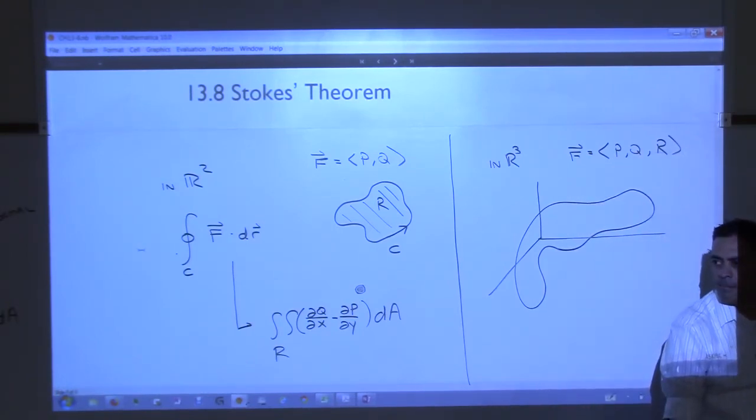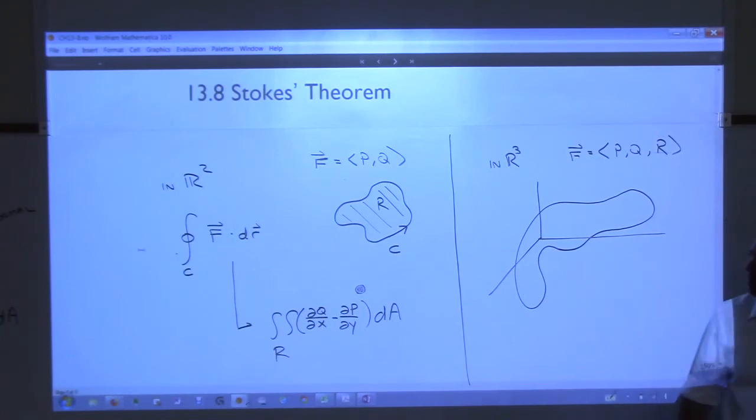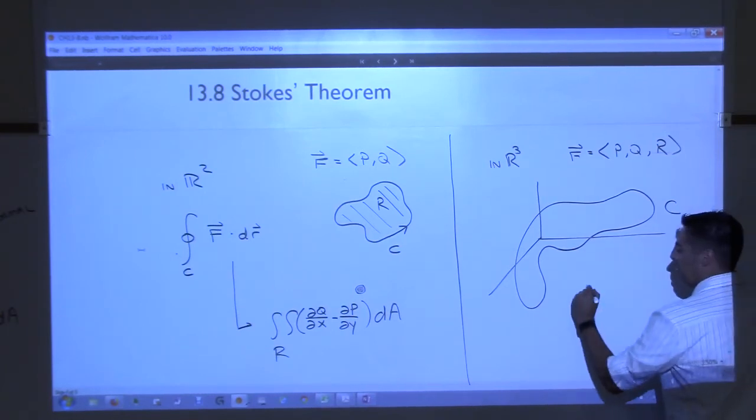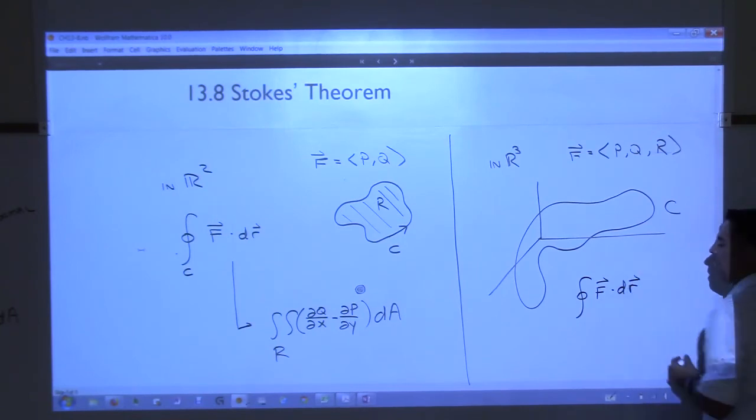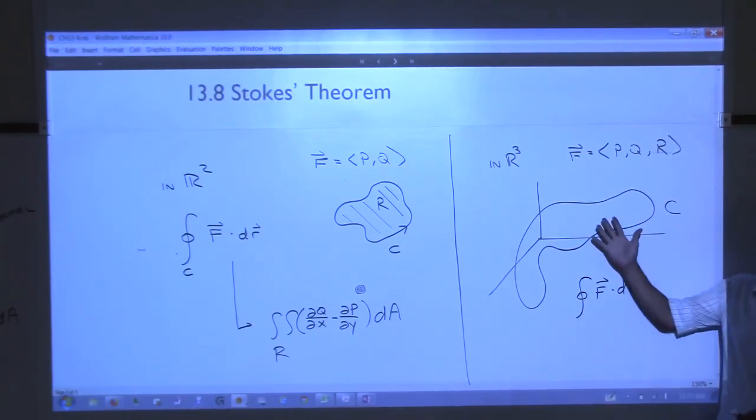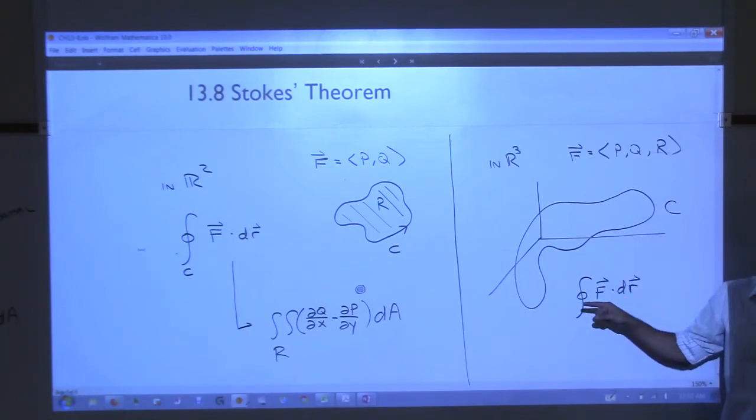Then that's our curve C. Stokes' theorem gives us a way of evaluating the line integral, the same thing we had earlier, which was work. But it does it by making us look at the surface that this loop encloses.